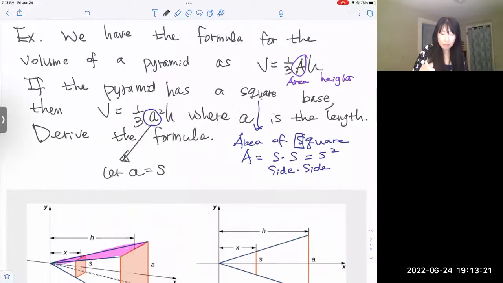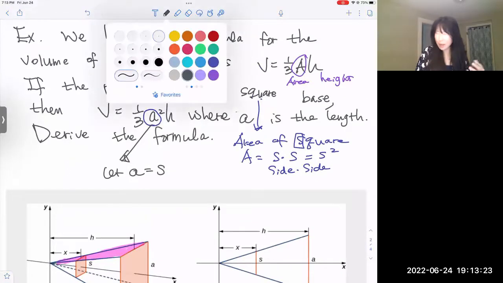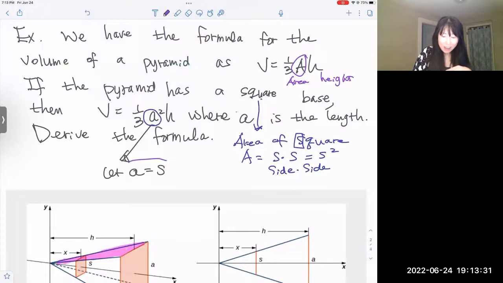So I said a equal to s means just length, right? And length and side have the same meaning. Don't get confused, all right? This is length.